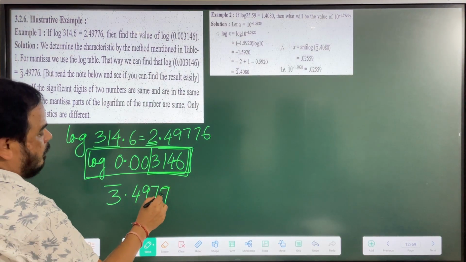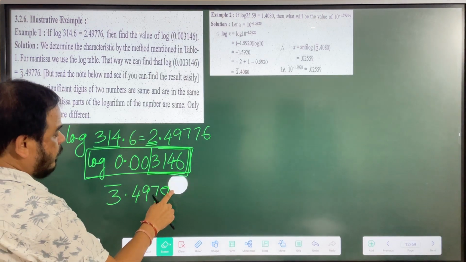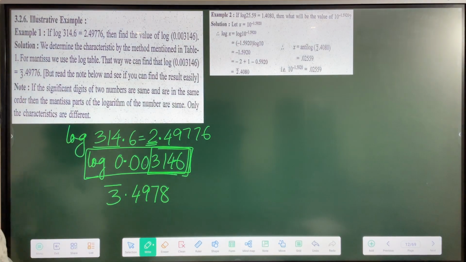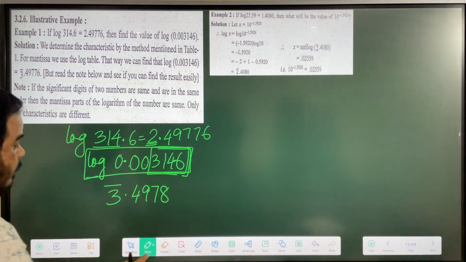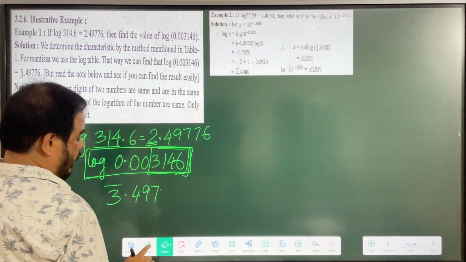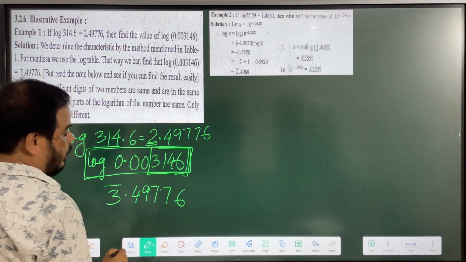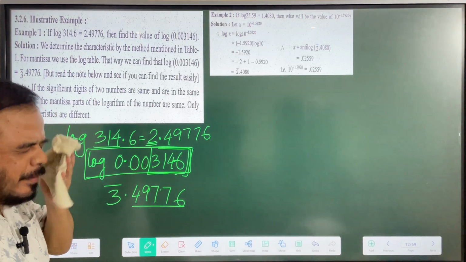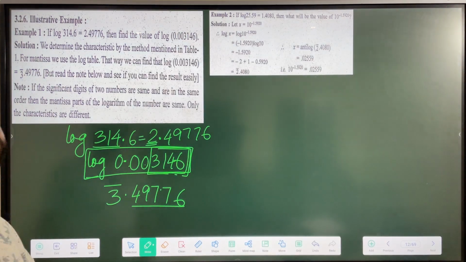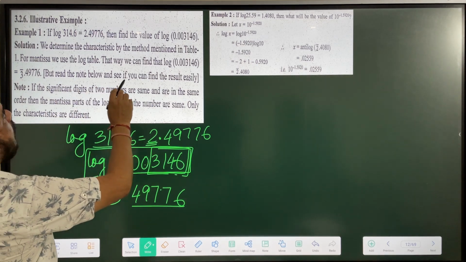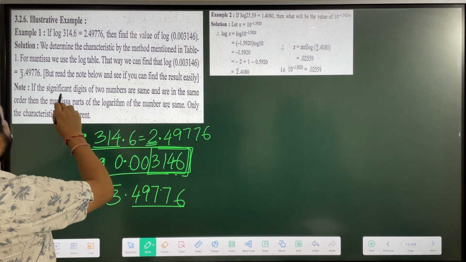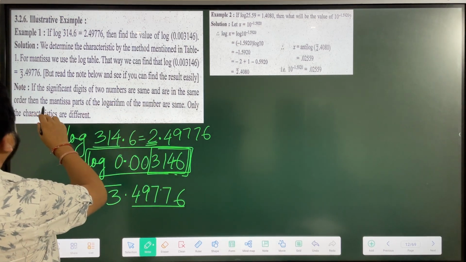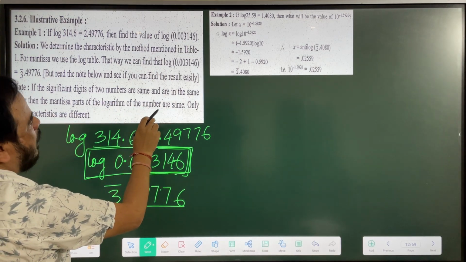They are using 5 digits, you don't worry; let it be like the book, 0.49776. This value comes from the log table. Remember that. But read the note below. If the significant digits of two numbers are the same and in the same order, then the mantissa parts of the logarithms of the numbers are the same.